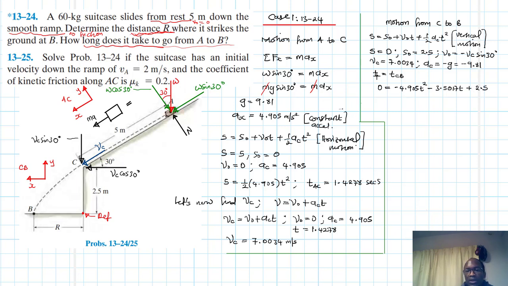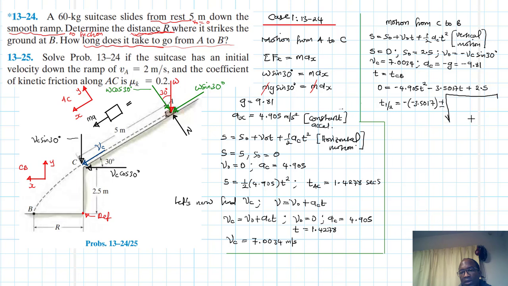So this is a quadratic which we can solve. We'll have two values of T, T 1 and 2: minus B, which is 3.5017, plus and minus the quadratic like so.